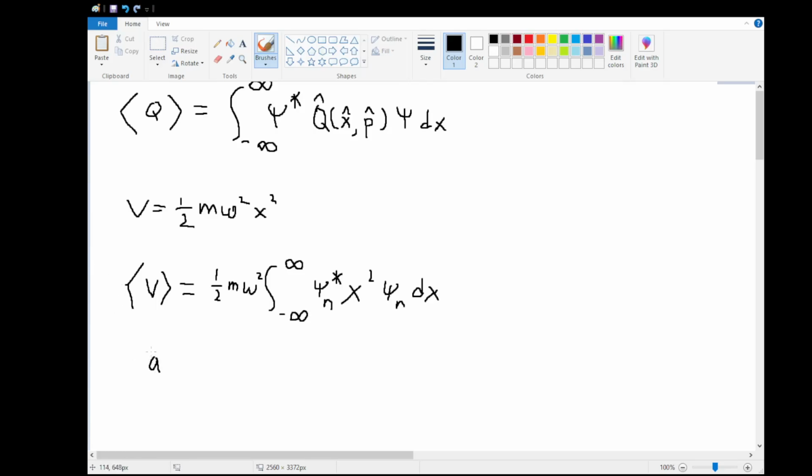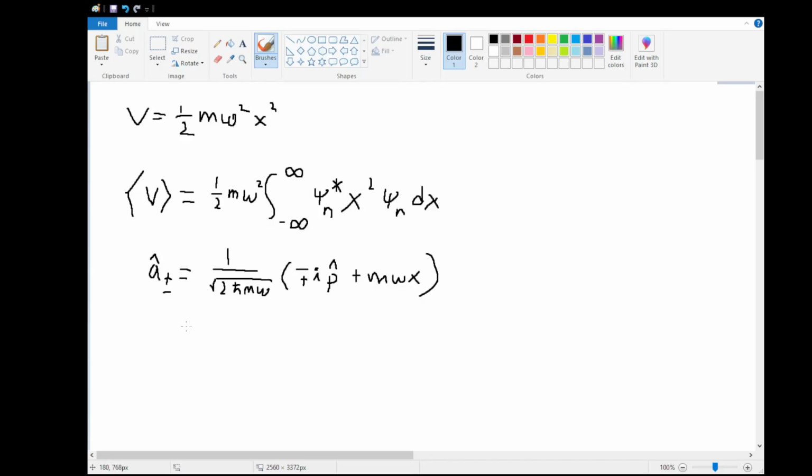So we have a hat plus-minus is equal to 1 over the square root of 2 h bar m omega times minus plus i p hat, or not i hat, but just i times p hat, and then added with m omega x.